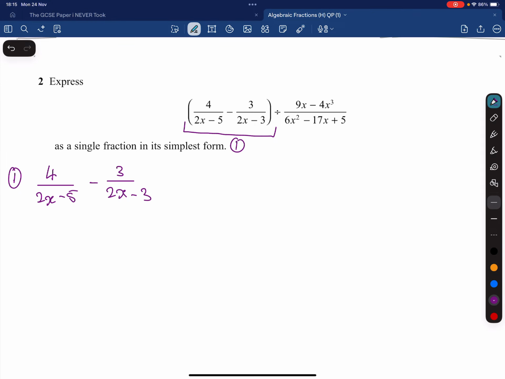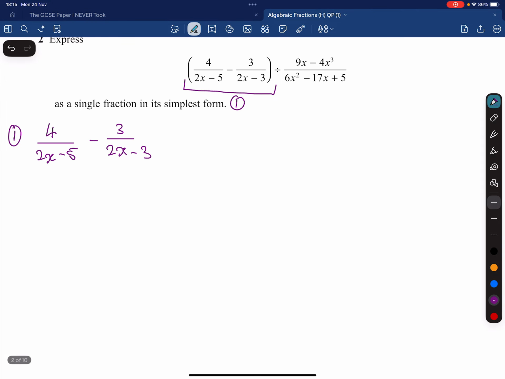Okay. So what we need to do, we need to create a common denominator for both fractions. So we take this 4 over 2x minus 5.